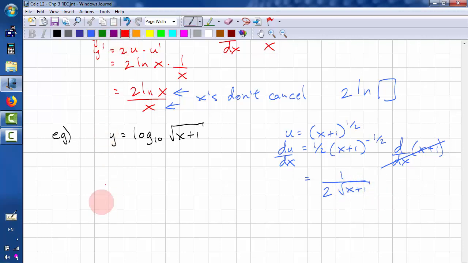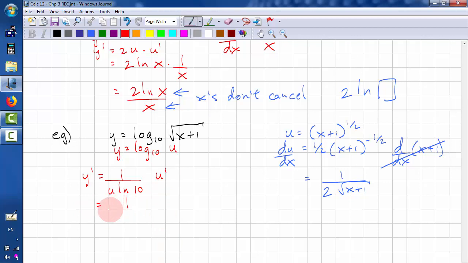Okay, going back to this side, we're going to write y equals log base 10 of u. You don't really need the 10. I'm just reminding you that 10 is the base. So we have y prime equals 1 over u ln 10. And we need u prime.